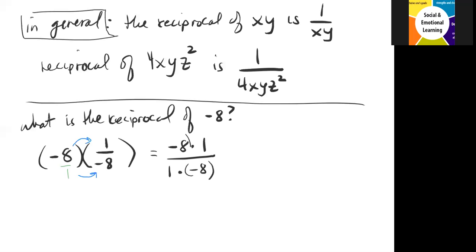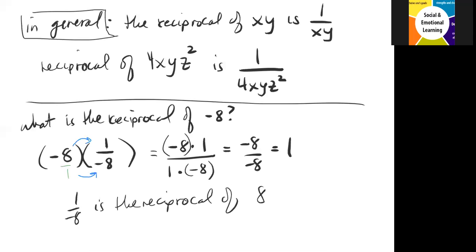I shouldn't be putting brackets around these because they have a negative. And so that gives us -8 over -8, which is 1. So when we have a negative involved, it's still just 1 over that value. The reciprocal is always just 1 over the value. So I should write 1 over -8 is the reciprocal of -8.